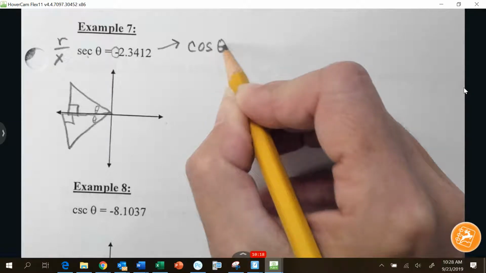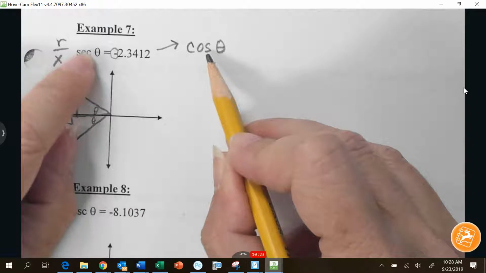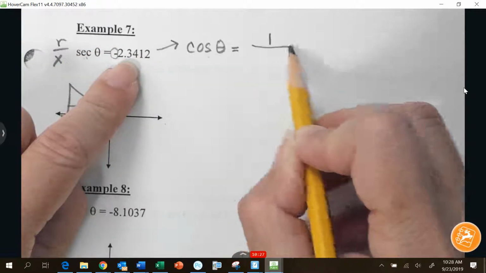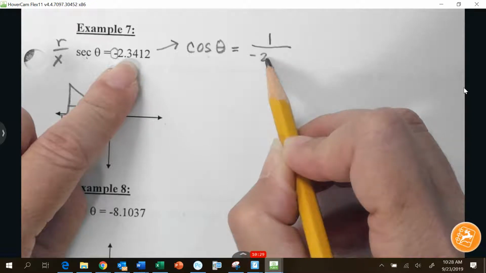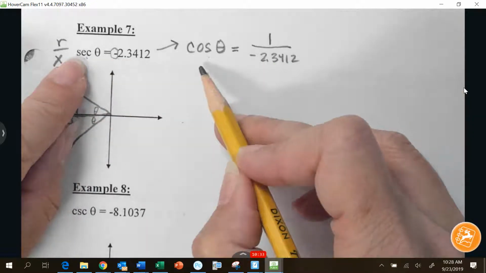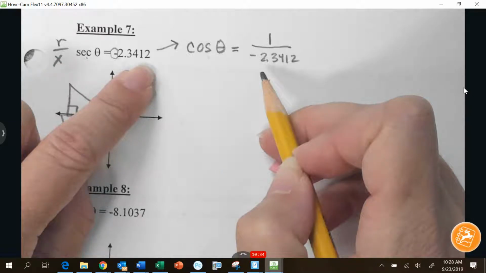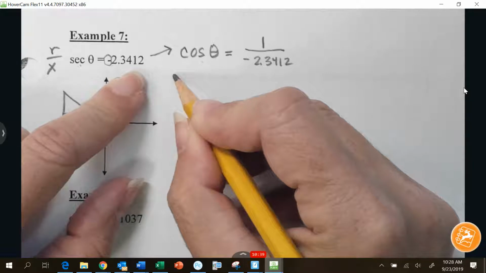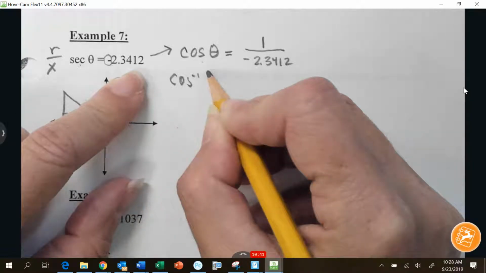So if I change this side, what do I have to do to the other side? I've got to reciprocate both sides. If I reciprocate the first side and make it cosine, then I have to reciprocate the second side. So now we can do cosine inverse to both sides of the equation.